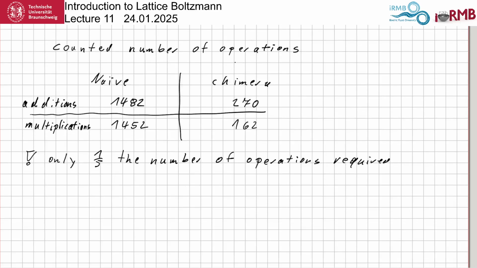The next thing is that automatically the chimera transform is a pairwise summation. The reason for this is that the idea of the chimera transform is actually the same as the fast Fourier transform. So the chimera transform behaves to the naive moment transform as the fast Fourier transform behaves to the naive discrete Fourier transform.